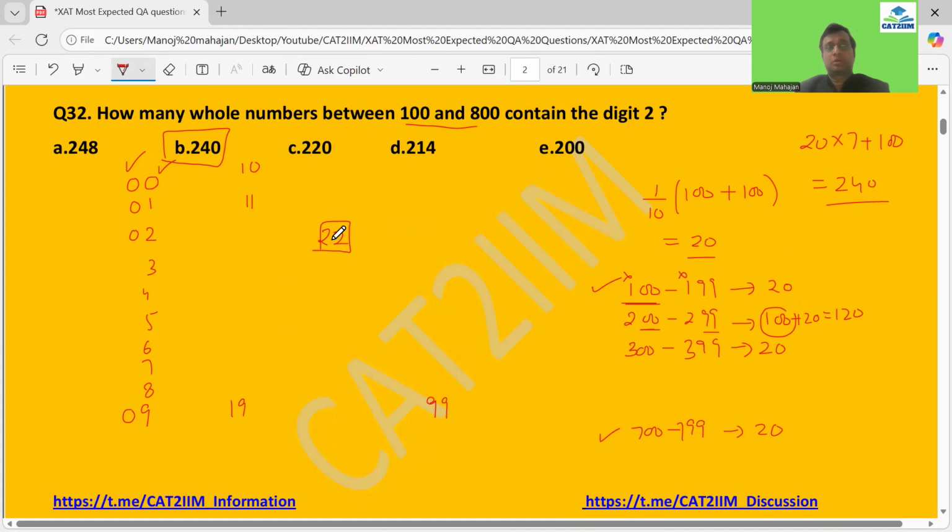So in total, numbers which have 2 from 00 to 99 would be 1 less, because in this number the 2 has been used 2 times, but the number would be counted only once. So 19 would be the answer in this block. So over here, instead of 20, we can put 19. And over here also 19 as per the question. And over here, there are 100 numbers having the digit 2. So let me just put 100 over here.